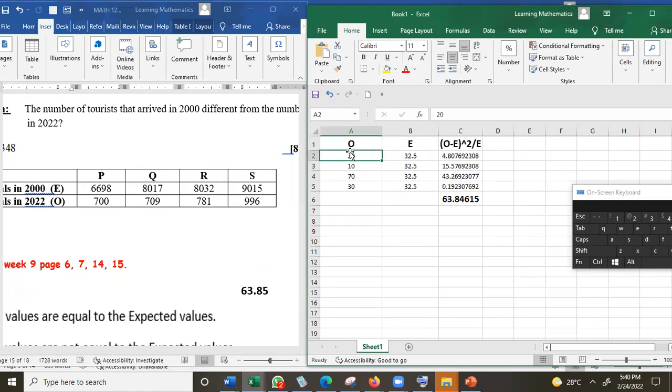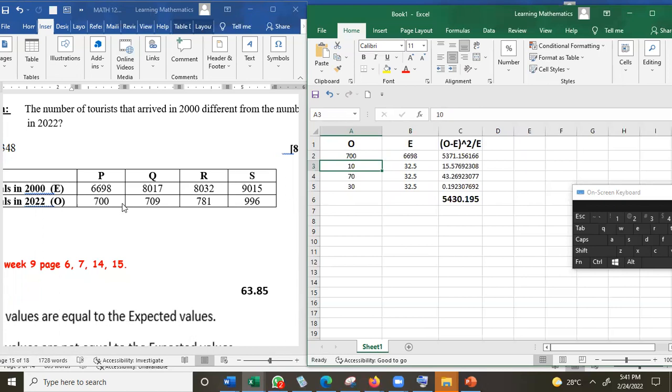The first observed is 700. That's what you're observing now. But what did you expect? What happened before? You expected 6698. So please bear that in mind. What you observe now with this cruise ship, and let's call these cruise ships, in 2000 you got 6698. So you're expecting that, but that's what you observed happen in 2022, 700.